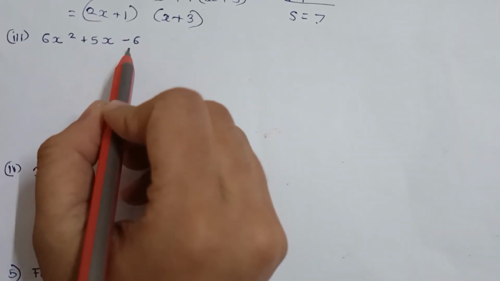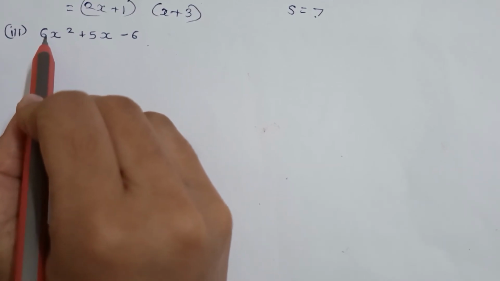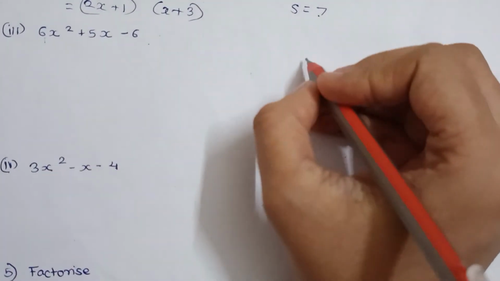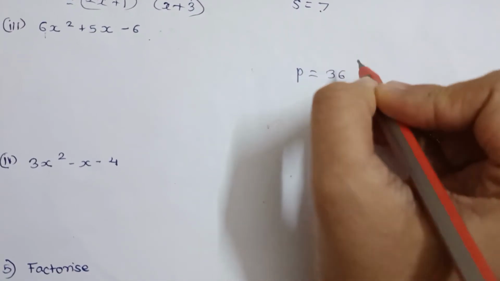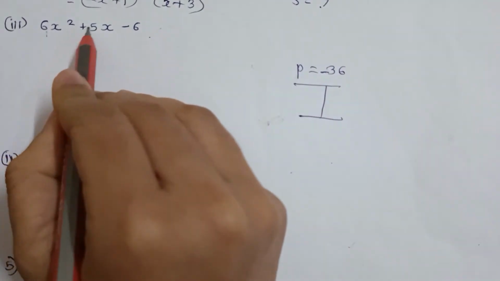6x square plus 5x minus 1. So here 6 6s are 36, so the product we got is minus 36, and sum is 5x.